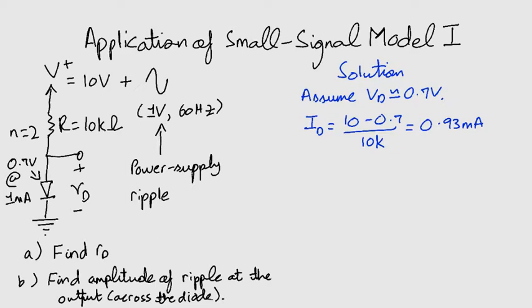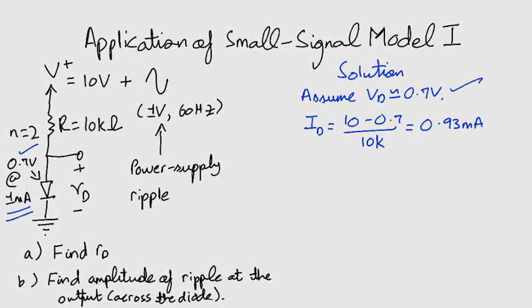Now remember that we are currently only looking at DC values. Also notice that this value 0.93 milliamperes is very close to this value 1 milliampere at which the diode is rated. Therefore, our assumption of VD, that is the diode voltage at DC, is correct.